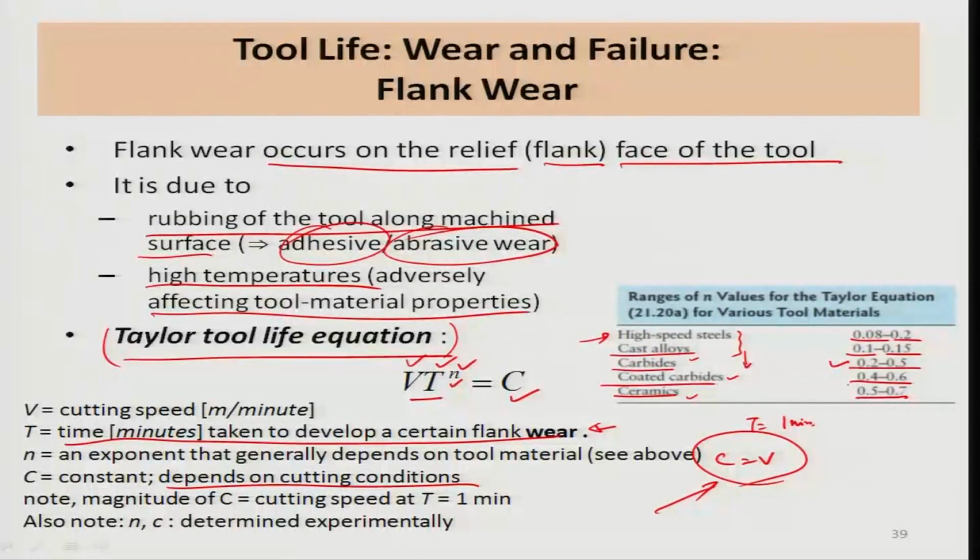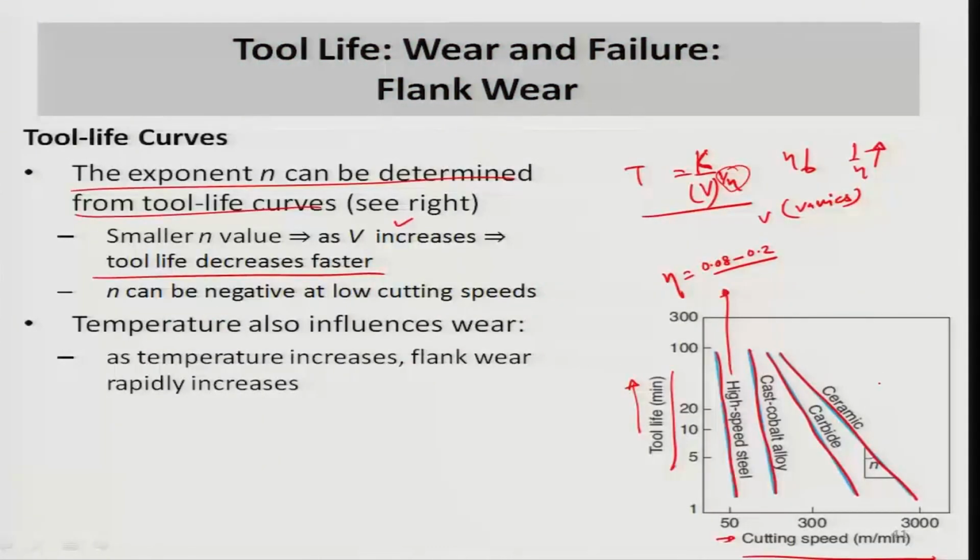So, n has increased here really. Coated carbides and ceramics, they are even higher, 0.4 to 0.6, 0.5 to 0.7, and so therefore, this falls in line with the logic here that the ceramic tool just because the n value is higher should have a lower variation in tool life in comparison to an increase in cutting speed as compared to let us say carbide, cast cobalt alloy and high speed steel.